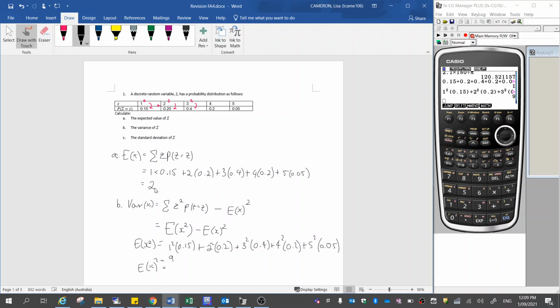Now, normally what I would do is take this answer from above and just square that answer. But I've made a mistake somewhere, so we're just going to go back into my calculation and remove all of those squares just to fix it up. Obviously, you won't need to do this if you didn't make a silly mistake to start off with.